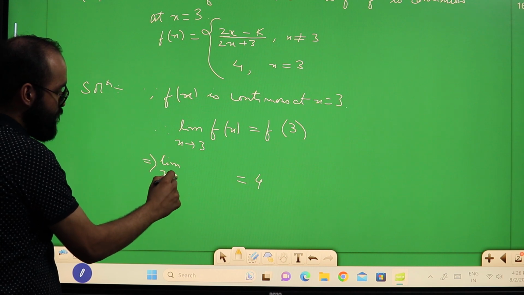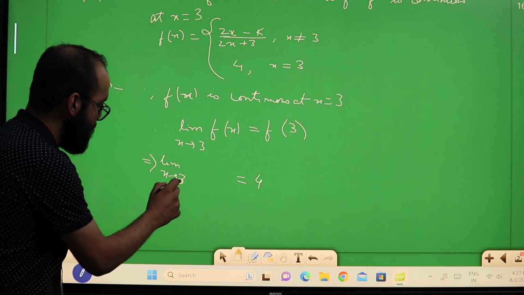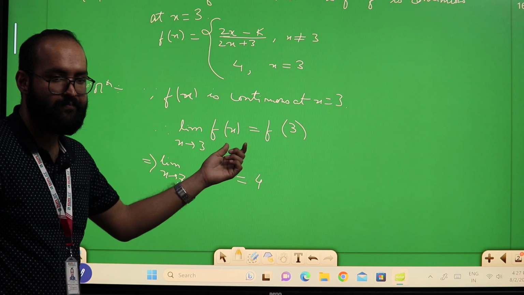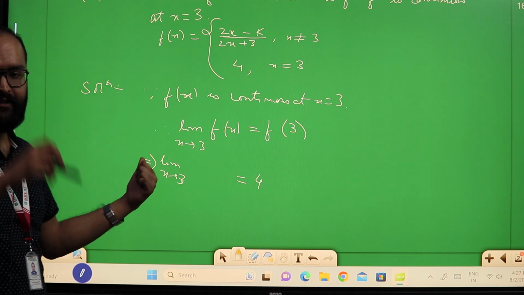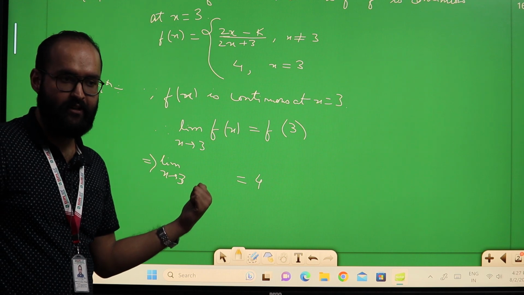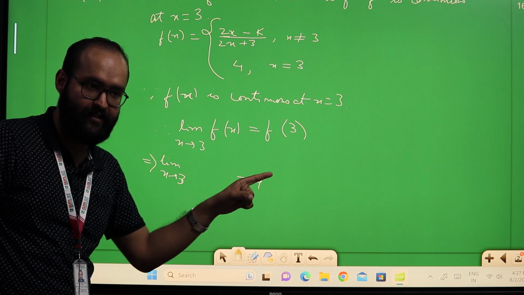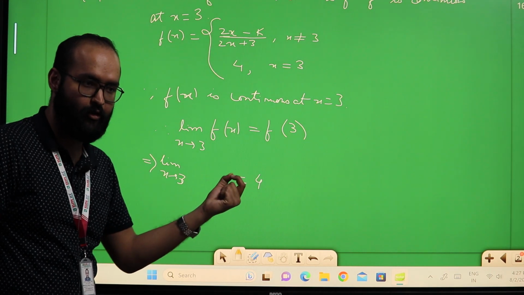And when x is approaching 3, or when x tends to 3, how is the function f(x) defined? The idea of limit is that when x goes to 3, it never actually reaches 3. It will get very close to 3 but never exactly becomes equal to 3.